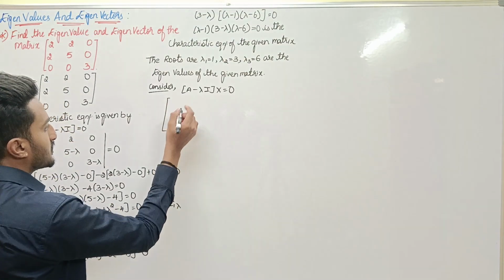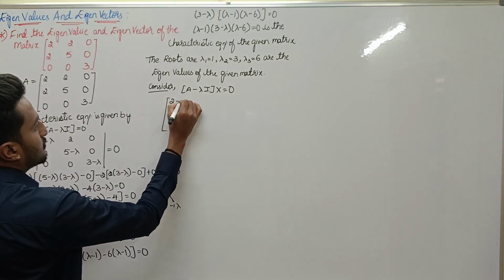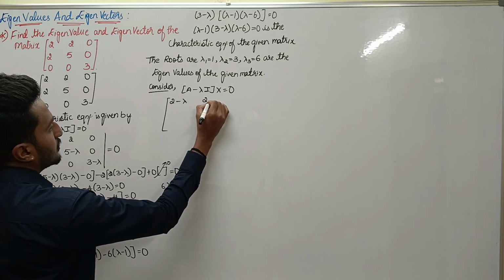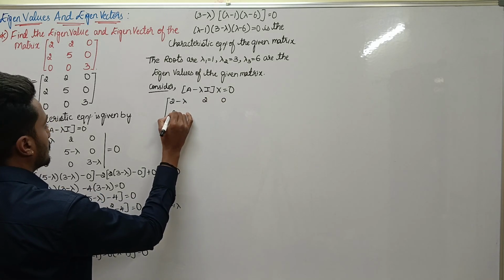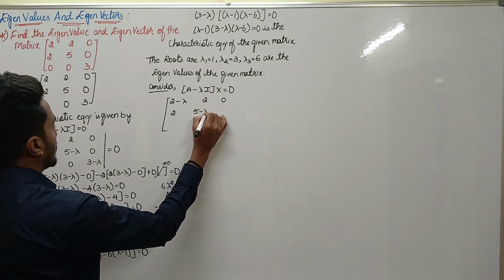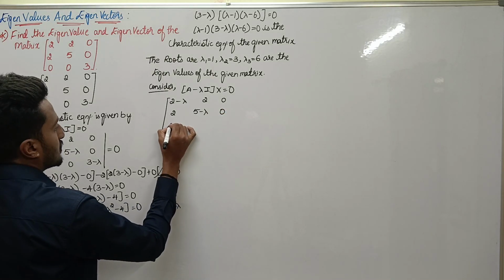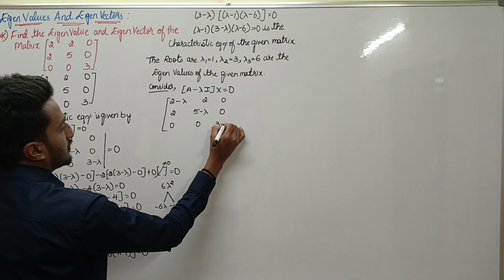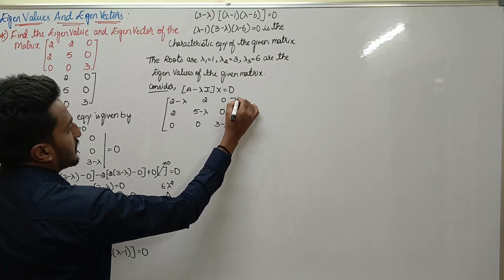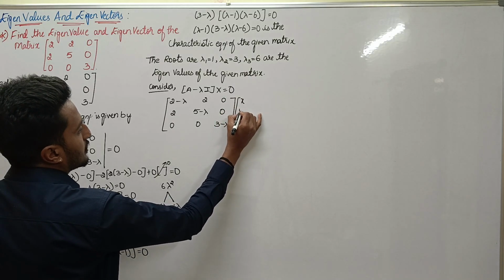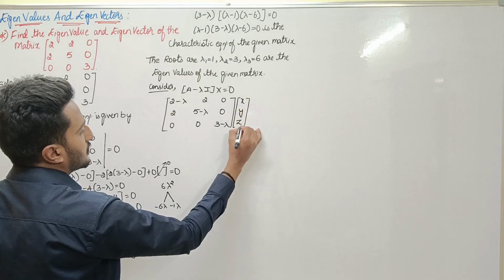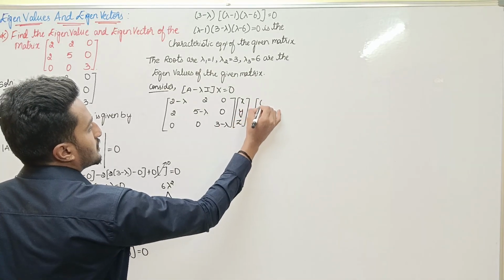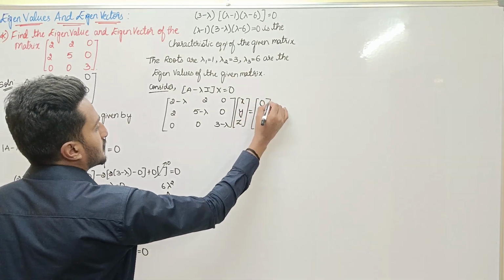A minus lambda I is 2 minus lambda, 2, 0, 2, 5 minus lambda, 0, 0, 0, 3 minus lambda, into the unknowns x, y, z, which is equal to 0, 0, 0.